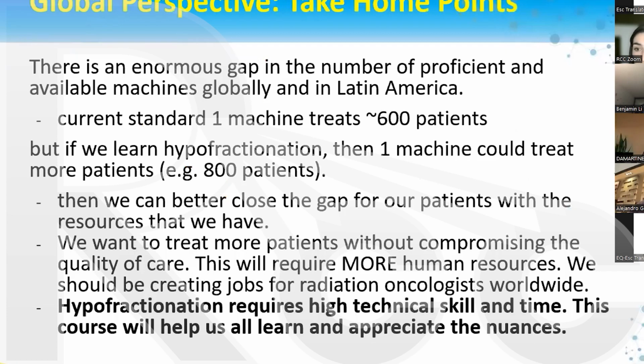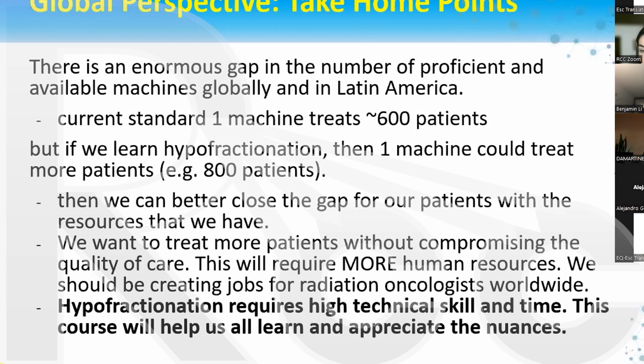From the global perspective, we know that there's a huge gap in the number of machines globally and in Latin America, as I showed before. As standard, we should have one machine per 500, 600 treated patients. And with hypofractionation, we can increase the number of patients to around 800 patients per year per machine.